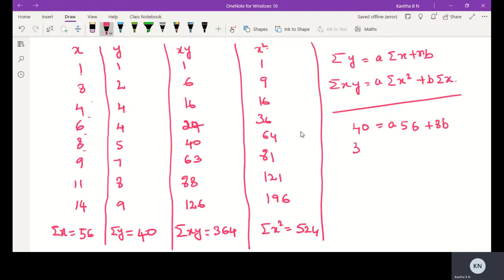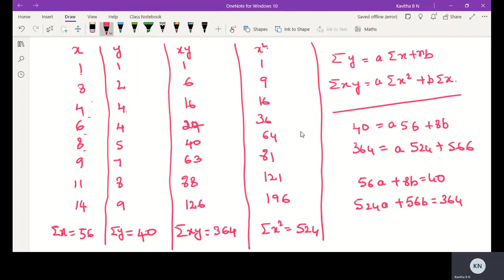Understood? Summation of xy is 364, and summation of x square is 524. So it can be written as 56a plus 8b is equal to 40, and 524a plus 56b is equal to 364. Then use the calculator, find out and tell me the answer.